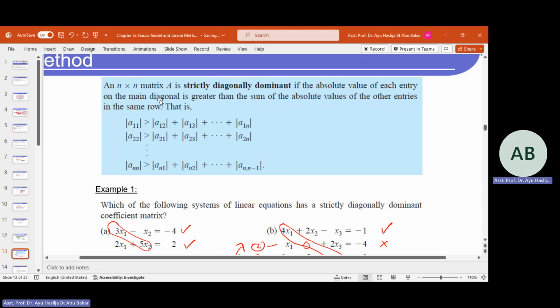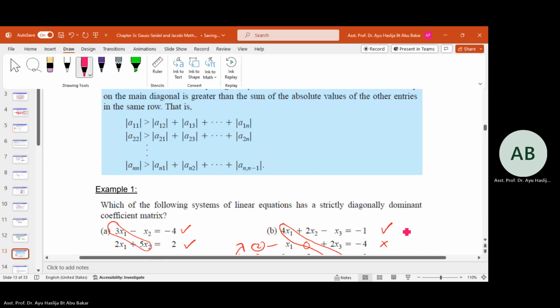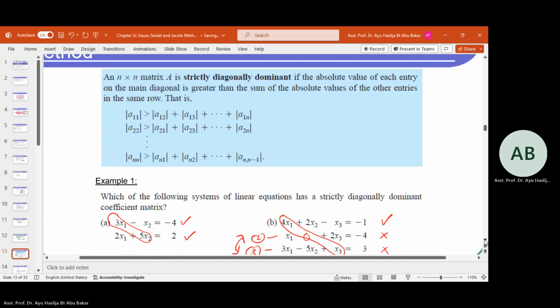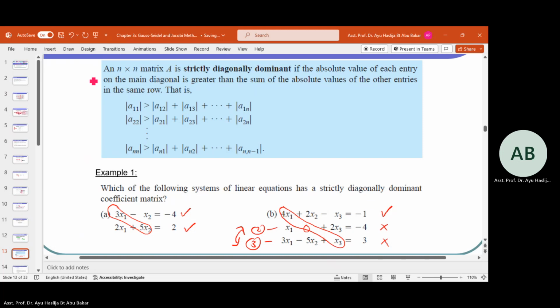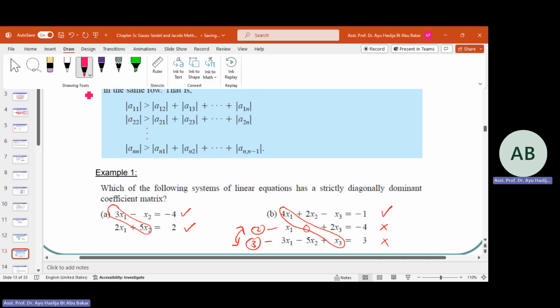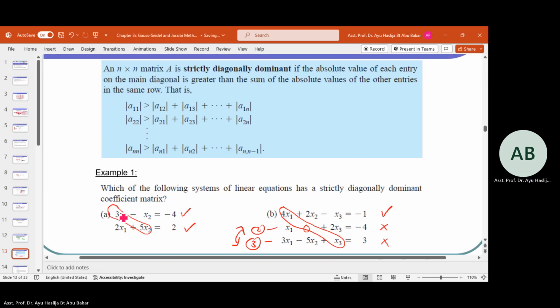Okay, what does diagonal dominant mean? Let's say you have these 2 equations. We go diagonally and check whether each row fulfills this requirement.